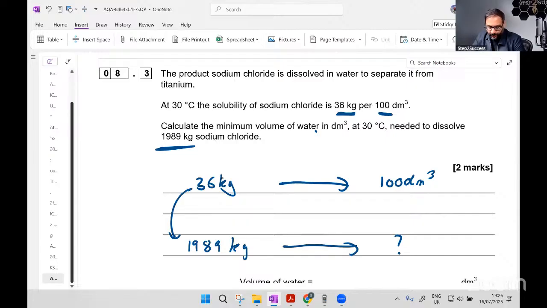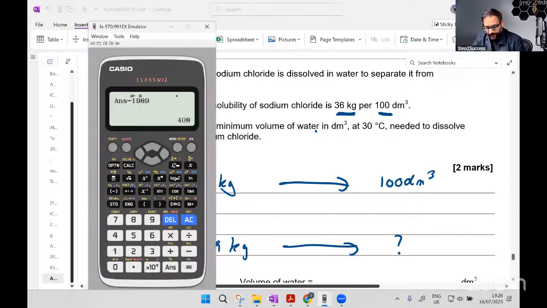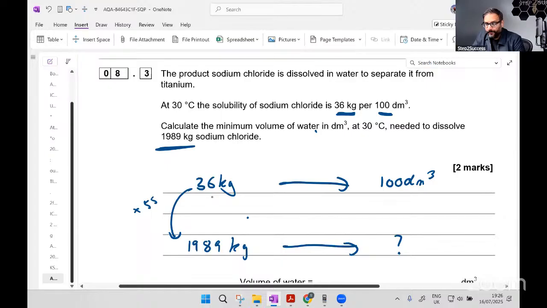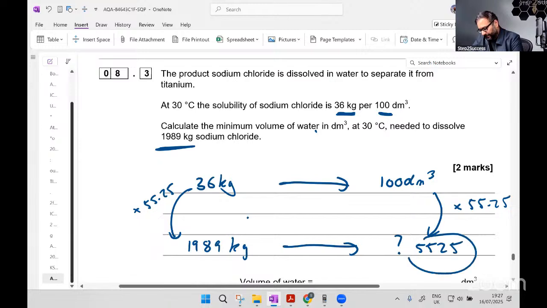You need to figure out how much bigger this is than this by doing 1989 divided by 36. It's 55.25 times bigger. Which means that I need 55.25 times as much water, which is going to give me 5525 as the answer to that question. It's like a maths ratio thing. That's what really the question is.